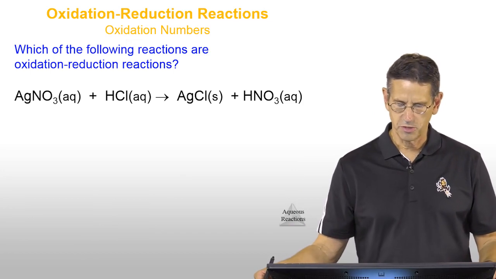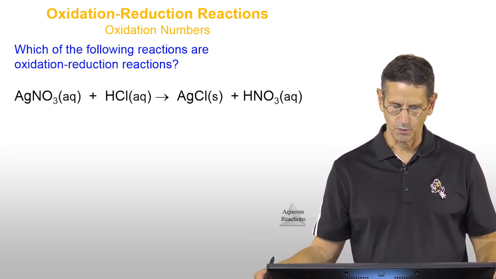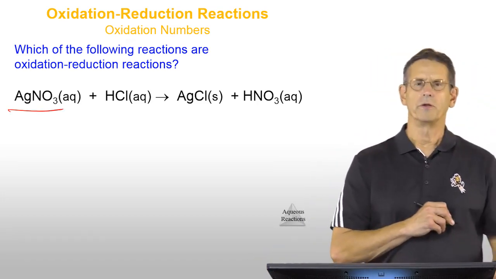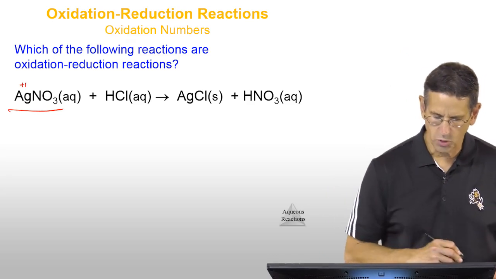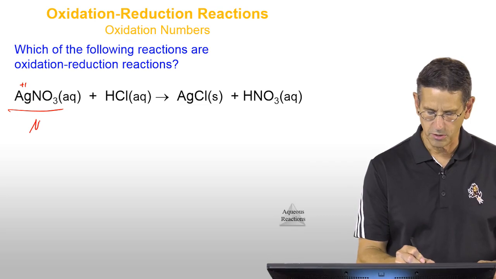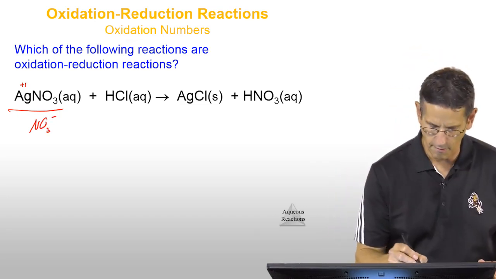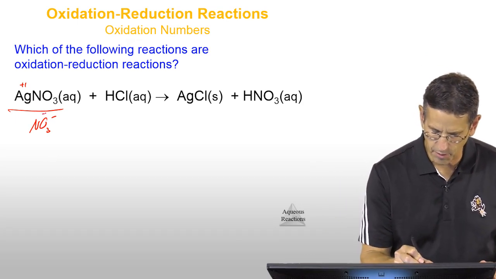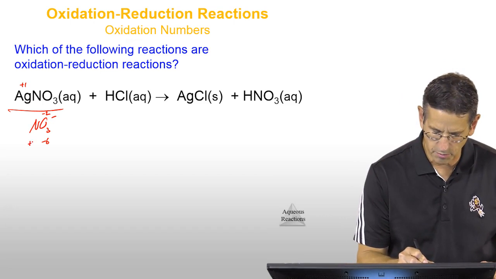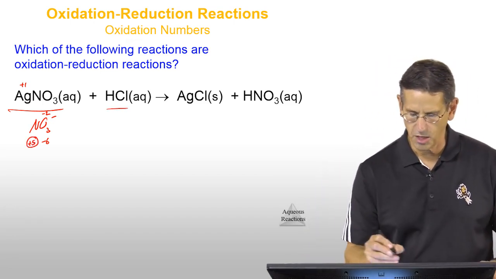Silver nitrate plus hydrochloric acid gives us silver chloride plus nitric acid. All right. Ionic compounds. We've got an ionic compound here. So silver's +1, as you learned in the nomenclature, always +1. What about that nitrate? The nitrate, let's break it out here. Polyatomic ions got a net -1 charge. All right. So each of these oxygens -2, contributions -6, therefore the nitrogen must be +5. How about the HCl?